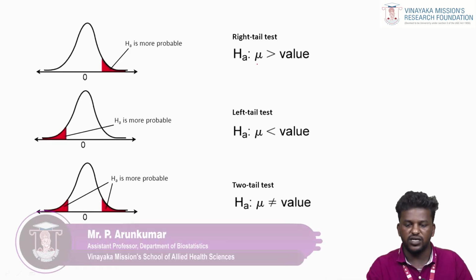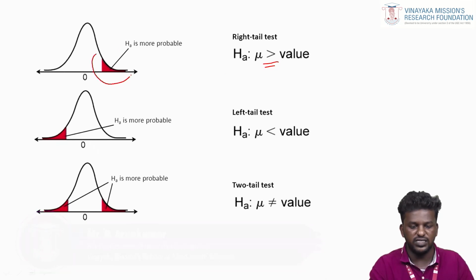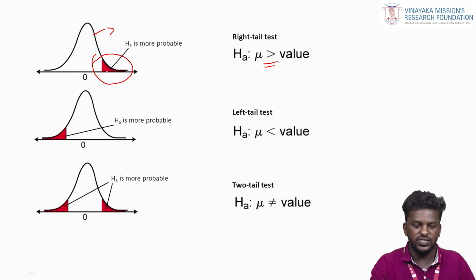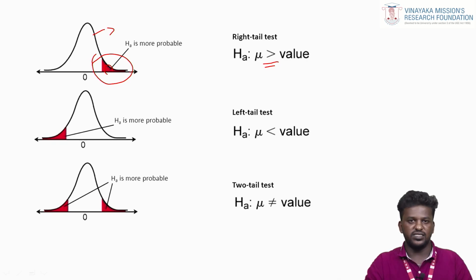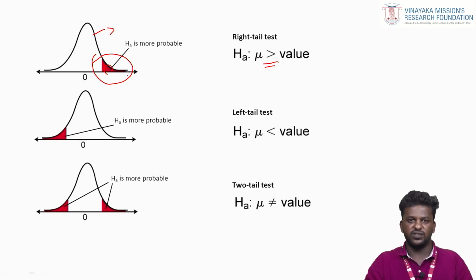So our alternative hypothesis is greater than, right? This is the normal distribution curve. This is our null hypothesis rejection region, that is, the critical region. Okay. So these values are determined by using the significance level alpha that I already mentioned, by default 5% or 1%, right?